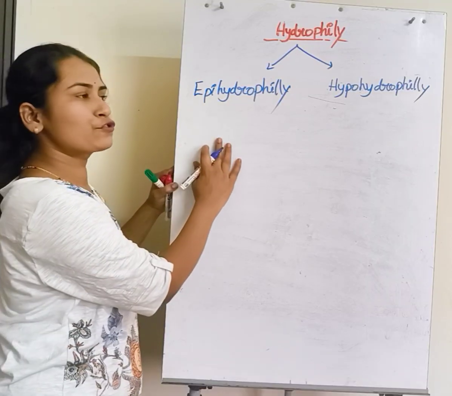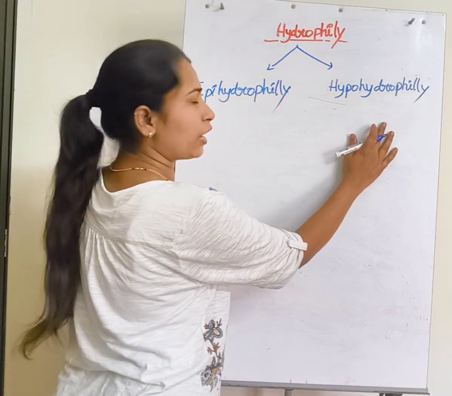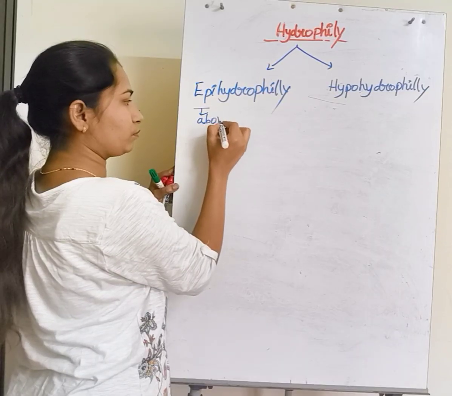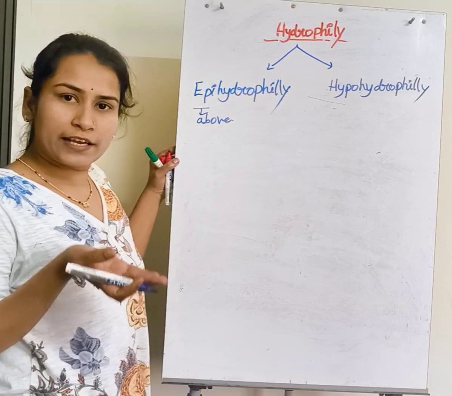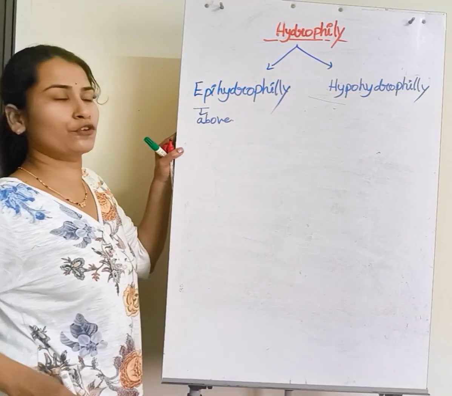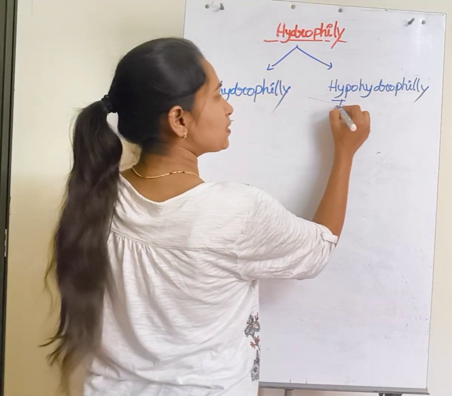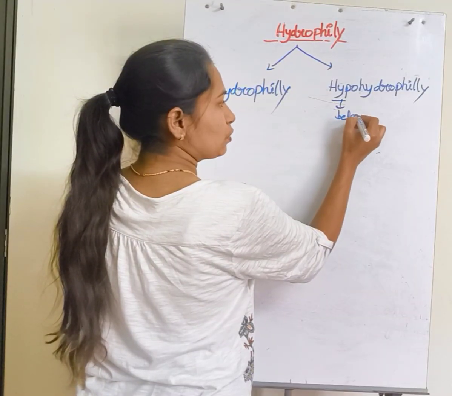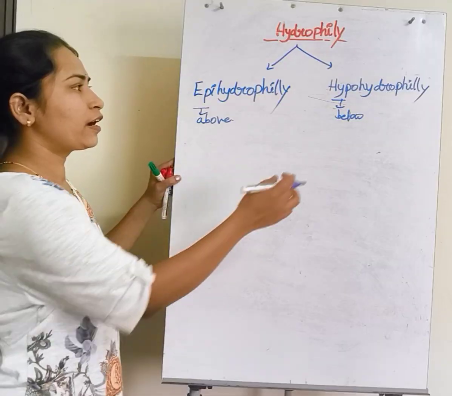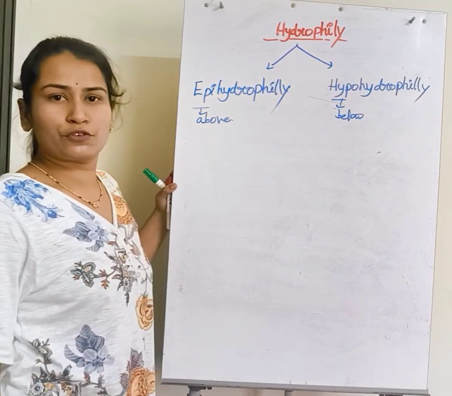Epi means above: the pollination which takes place above the surface of water is called epihydrophily, and hypo means below: the pollination which takes place below the surface of water is called hypohydrophily.